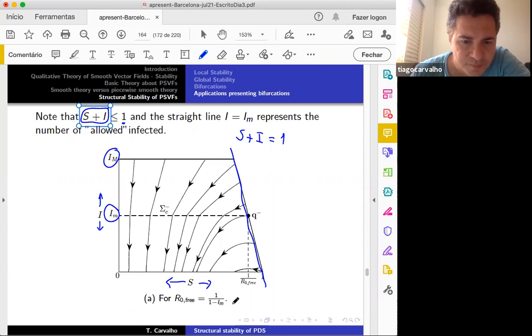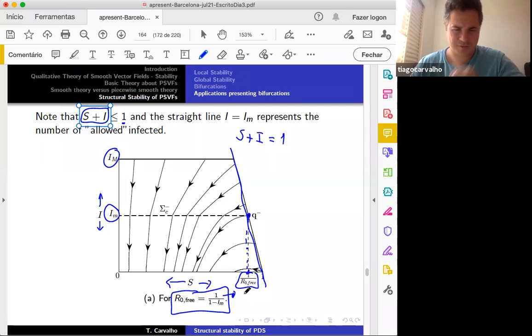Let's see what's happening here. First, if the reproduction number without restrictions is equal to or bigger than this value, we have this behavior.